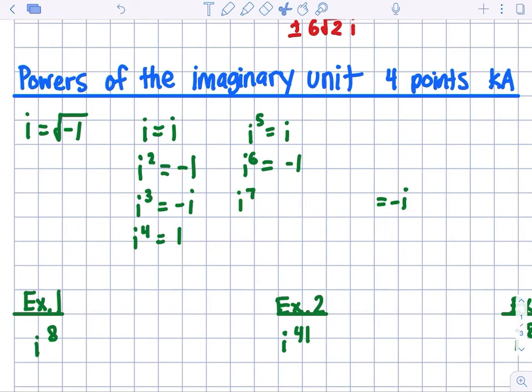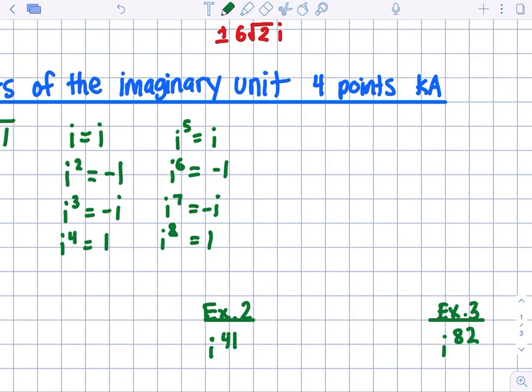I think some of you are starting to see a pattern when we do these. i to the eighth is equal to i to the fourth times i to the fourth, which is just 1 times 1, which is just 1. If we did another set, I think you can predict what the other set is.